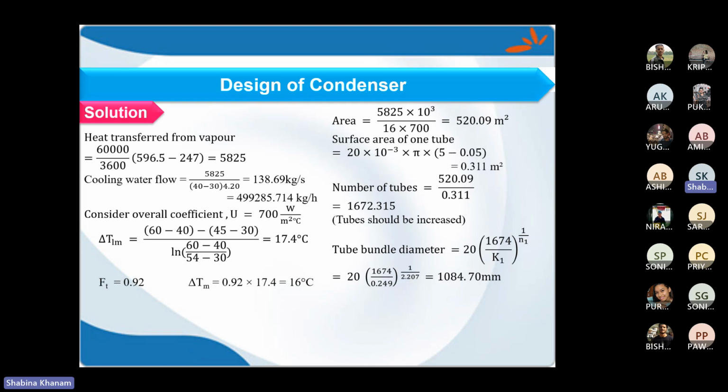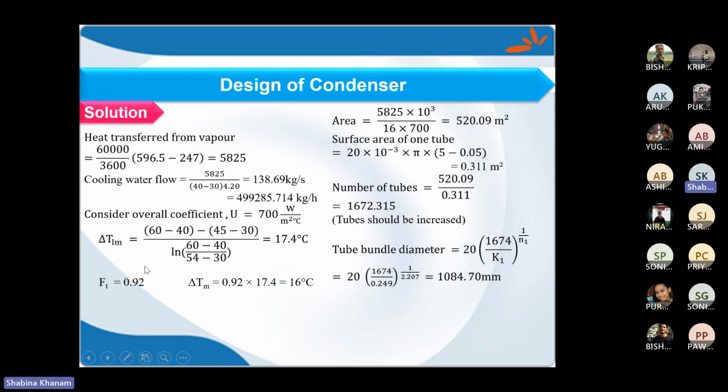And then we need to find out mean temperature difference. And yesterday we have discussed that if both side, or shell side as well as tube side, if both side variation in temperature is observed, in that case we will consider LMTD along with FT correction factor. Okay, so LMTD you can find out for counter current, and that is coming as 17.4, and FT correction factor that you can obtain from the graph or from the equation, because 1,2 shell and tube heat exchanger we are given.